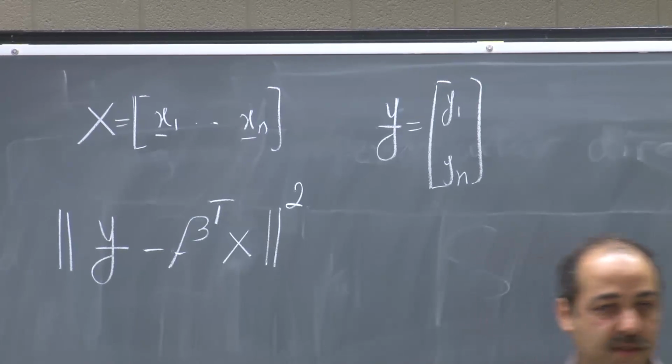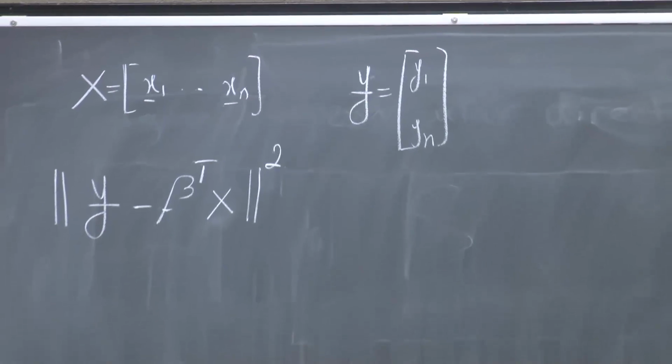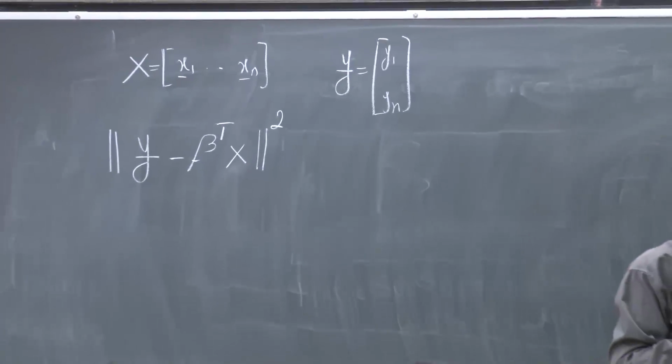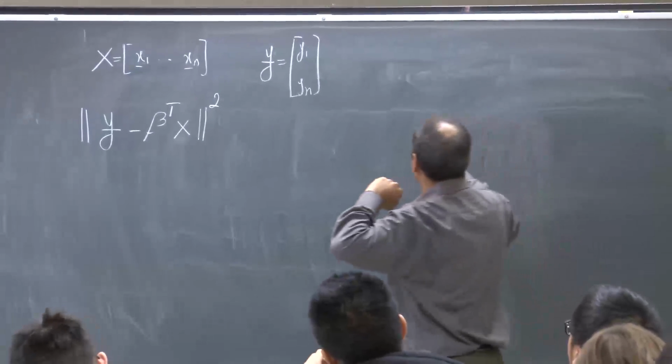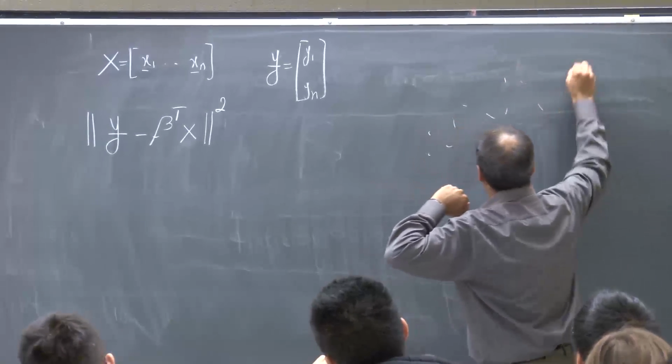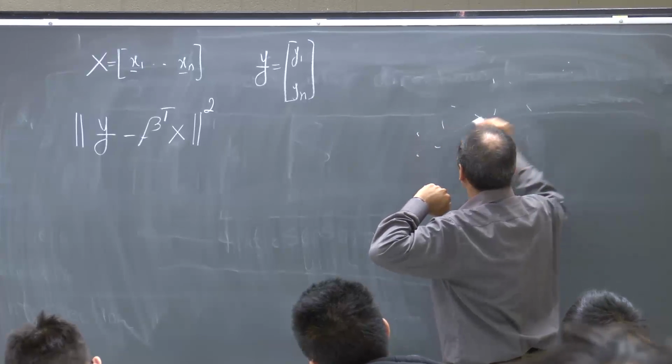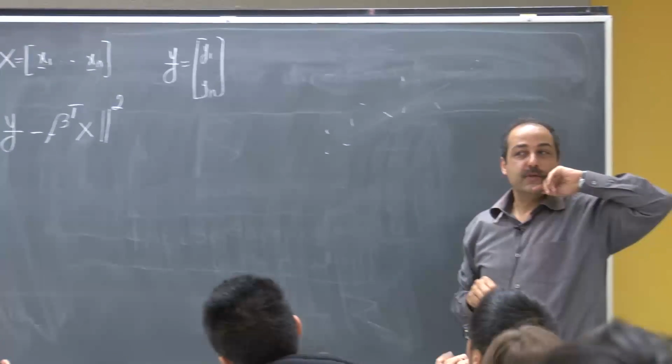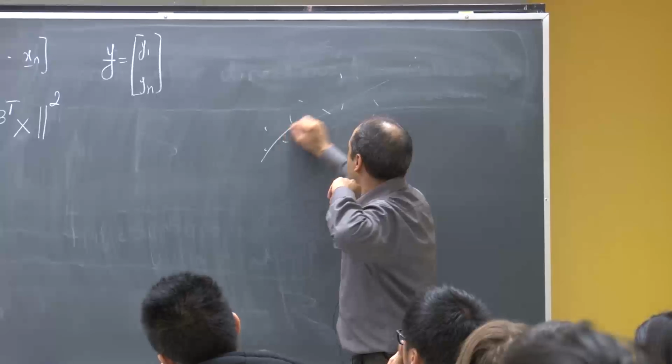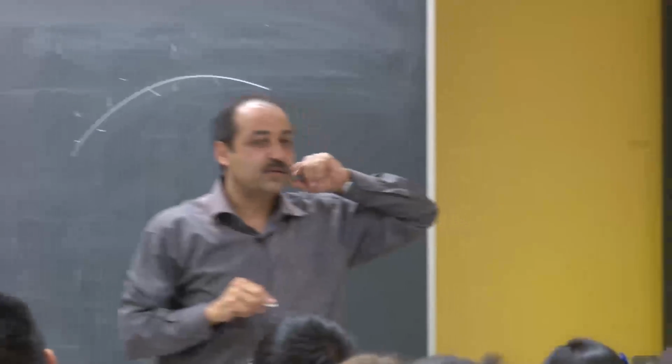It has closed form. I can find beta, so I can fit a line. Now suppose that this is my data, for example. And if I compute this, I can find a line here. Suppose that instead of a line, I would like to fit a quadratic function to my data.